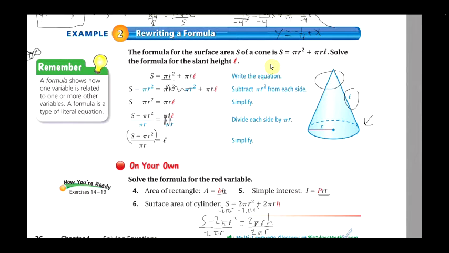We do this to both sides. I always write it down for both sides so you never forget. Hashtag never forget. That turns into 1, so h is by itself. And simplified over on the left, we can just leave it with all these letters as s minus 2 pi r squared over 2 pi r equals h.